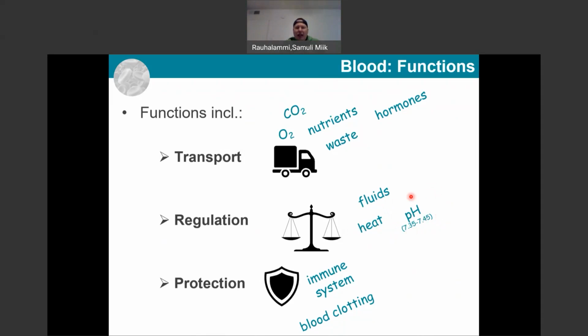Blood pH is typically maintained around 7.35 to 7.45, which is a really narrow margin. So it's a great tool to make sure that the body pH is maintained at optimal conditions, just slightly alkaline. But having seen this, the big message I wanted to put across is that blood is important.